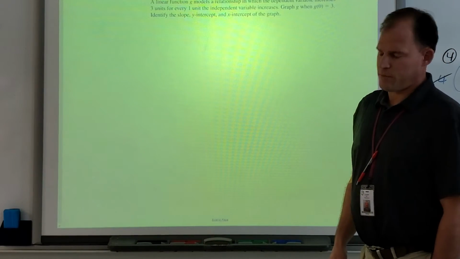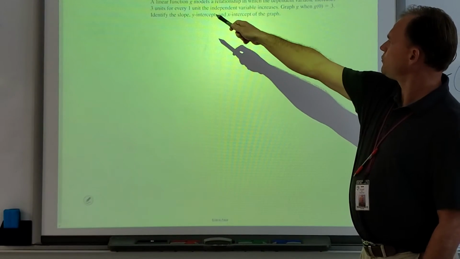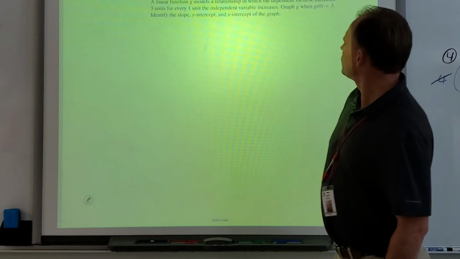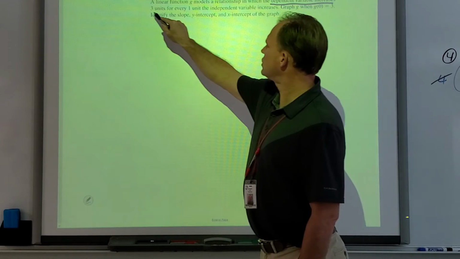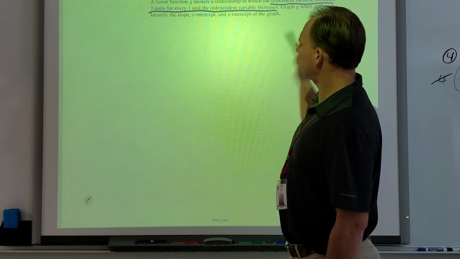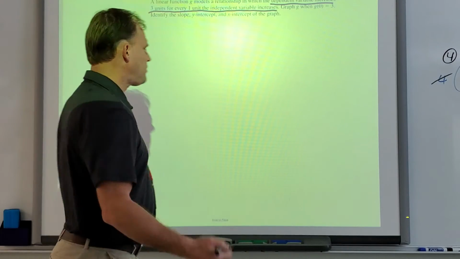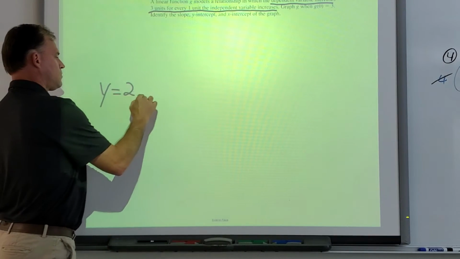Word problems, everybody's favorite. All right, linear function g in a relationship where the dependent variable increases 3 units for every 1 unit the independent variable increases. So if I look at a typical equation, I'm just going to make something up here.